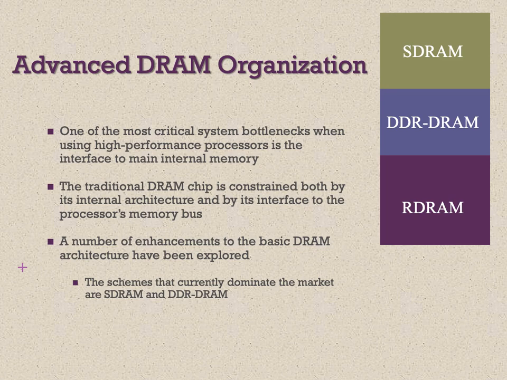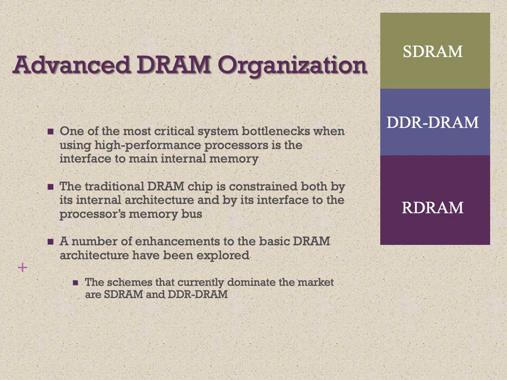So that's why RAM or DRAM is an important internal memory, but it can become a bottleneck in the processor performance. A traditional DRAM chip is constrained both by its internal architecture and by its interface to the processor memory bus.